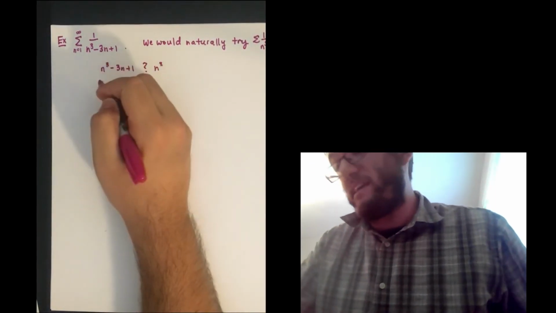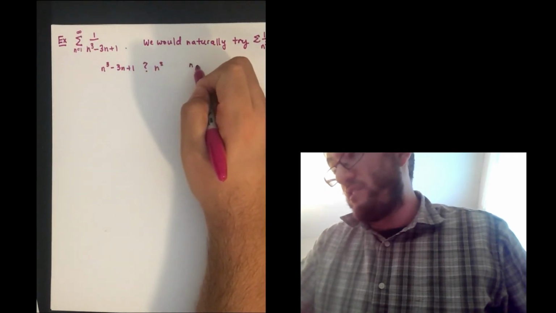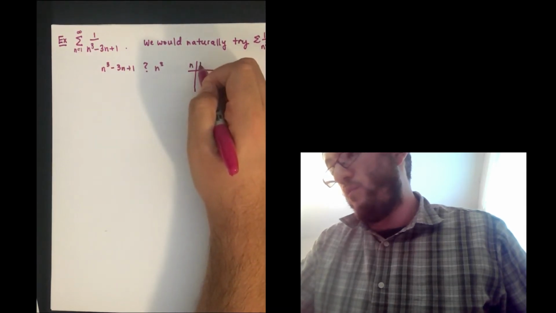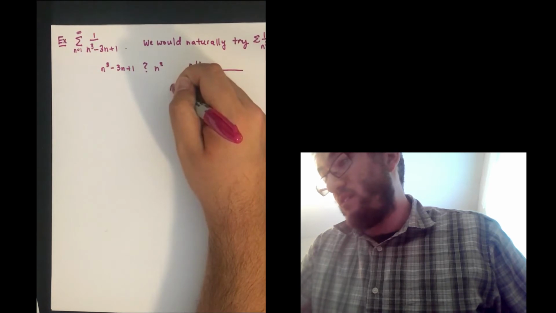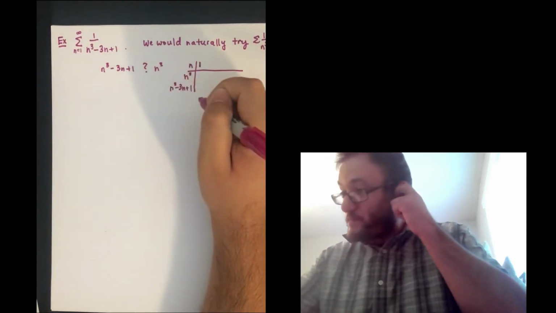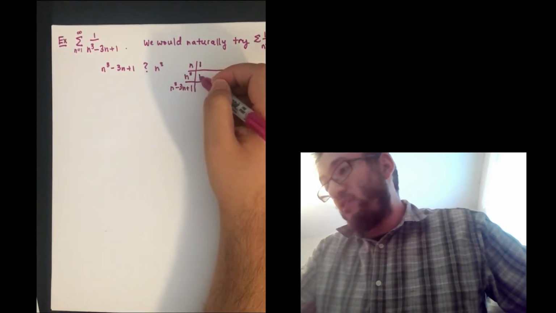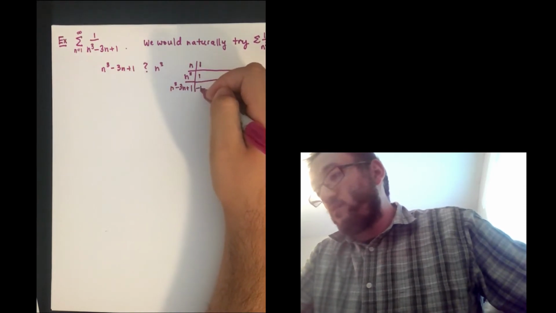For instance, when I take n equals 1, let's draw this out. I'll put n cubed here and n cubed minus 3n plus 1 here. When n equals 1, n cubed is 1, n cubed minus 3n plus 1 is minus 1.